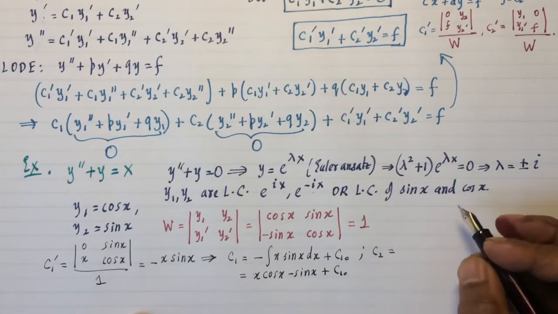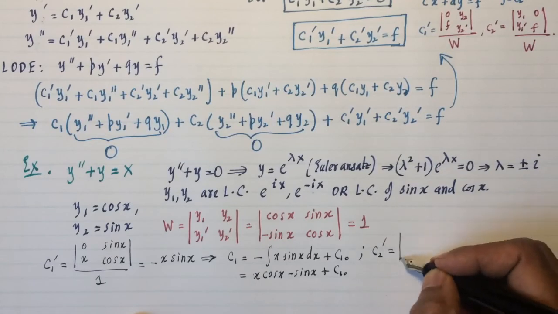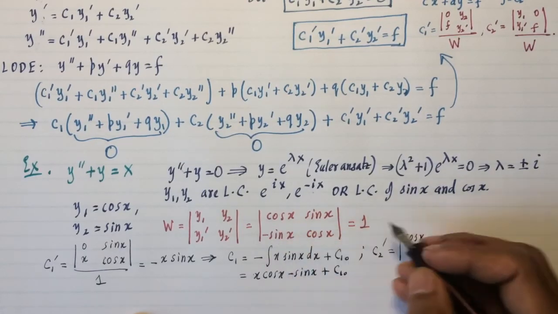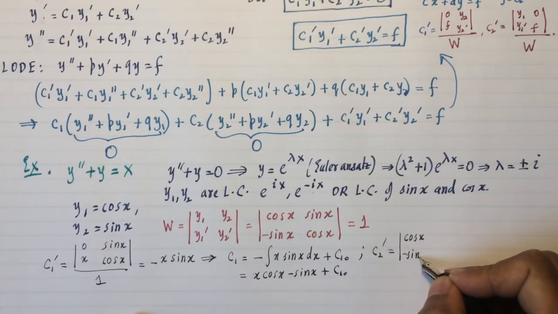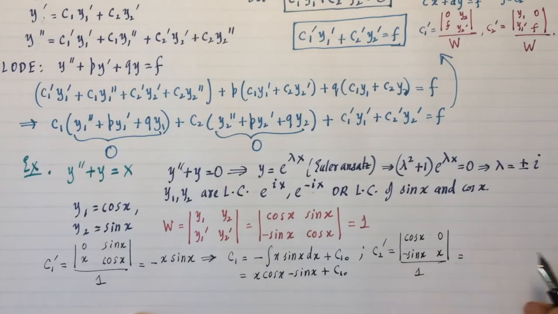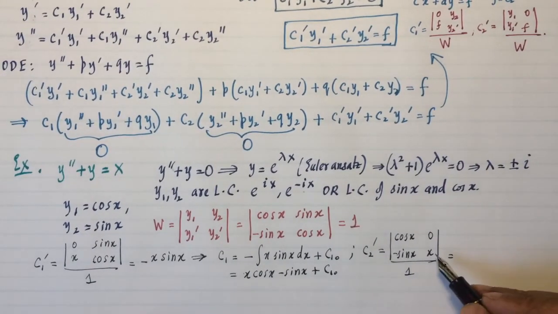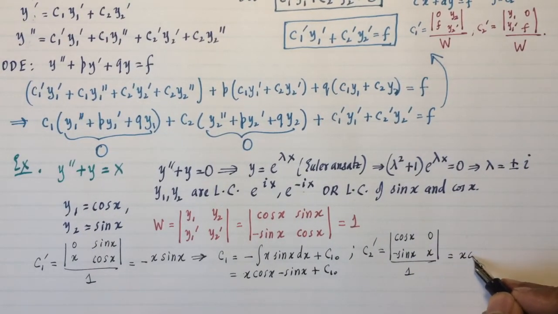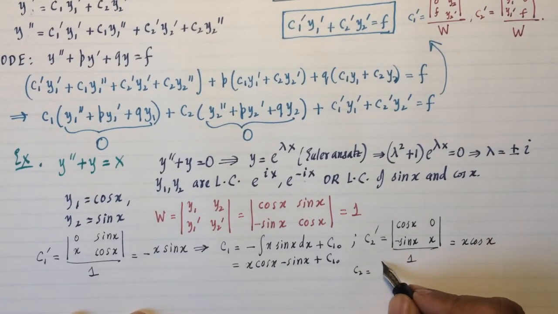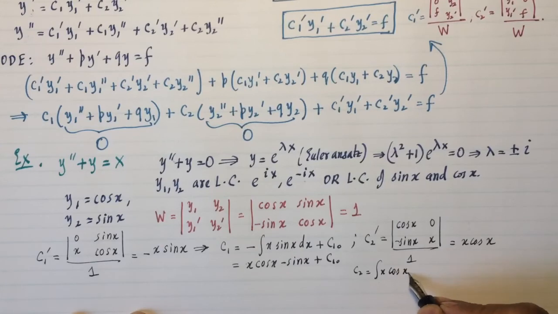Now C2 prime likewise is cosine x, the first column of the Wronskian kept the same, minus sine x, the second one is 0, x, divided by 1. And this would be x cosine x, which means that C2 would be the integral of x cosine x dx plus C2 naught.